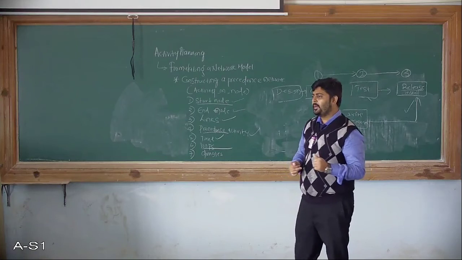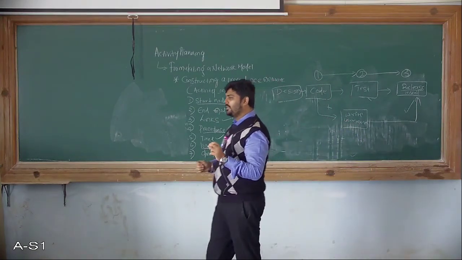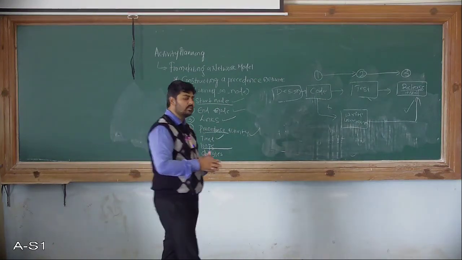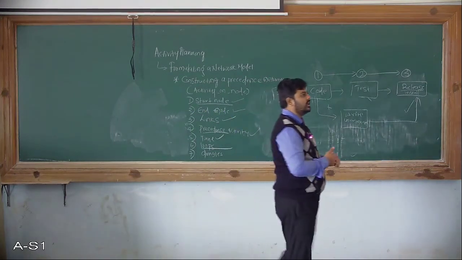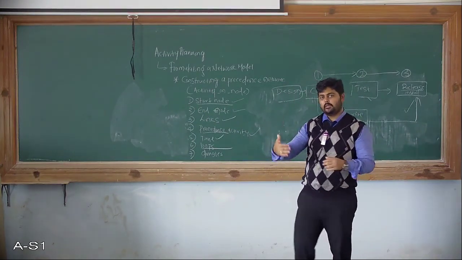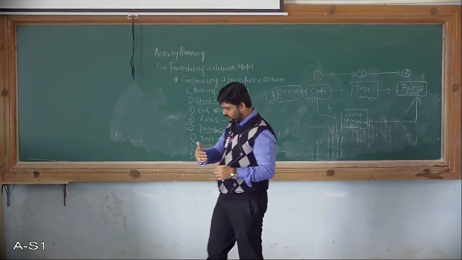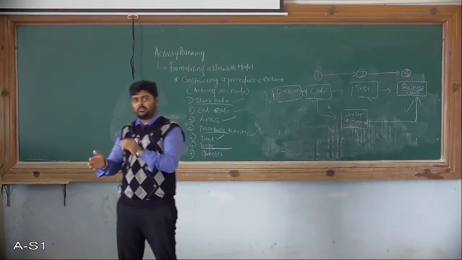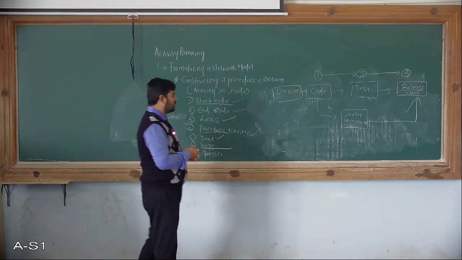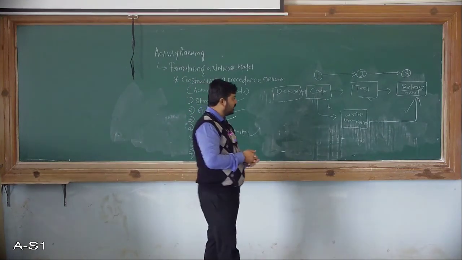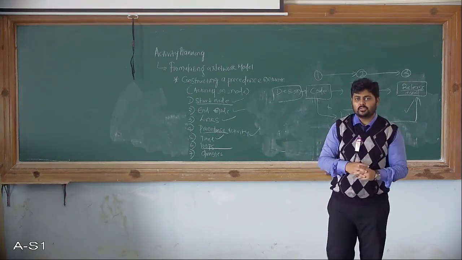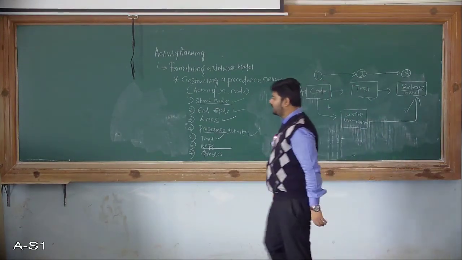In the forward pass, we calculate the early start and the early end, and in the backward pass, we identify the late start and the late end. So those values, early start, late start, early end, late end, we have identified using the forward and backward pass.